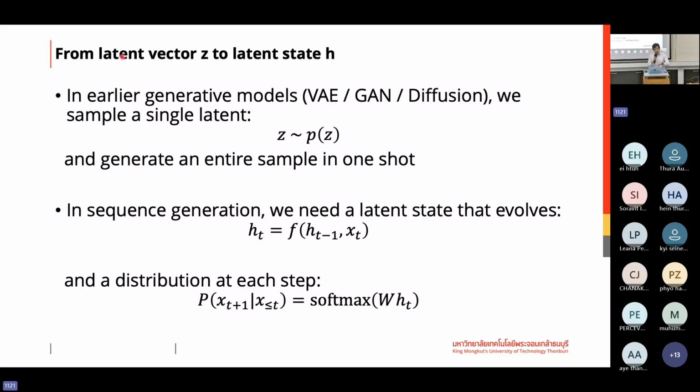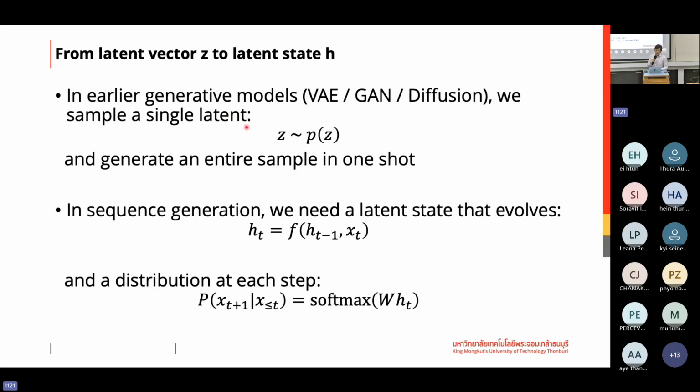But to make it work in a sequential model, it is now not just compressing one image or a set of images to a lower dimension, but we move on from the fixed latent vector to something like a latent state. That means we have the state of the model that represents the variation of the text that is captured.